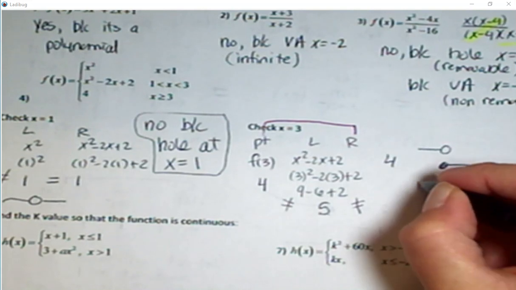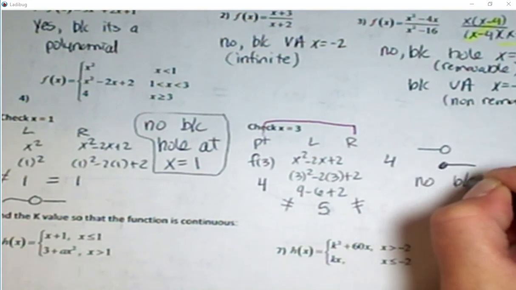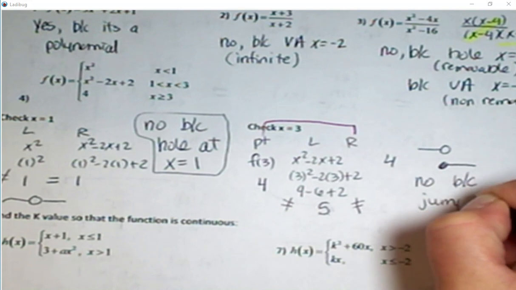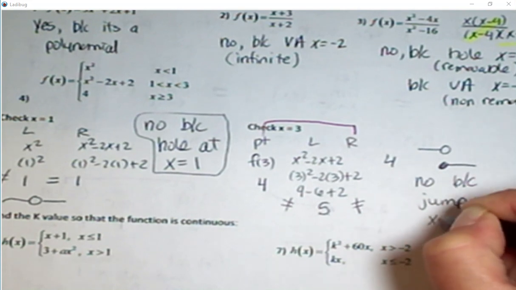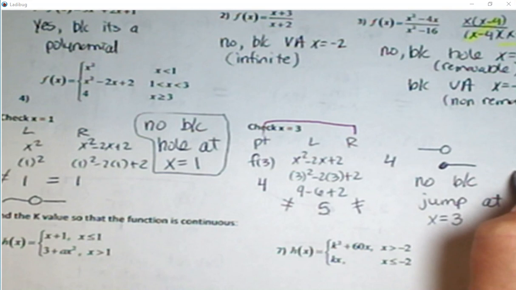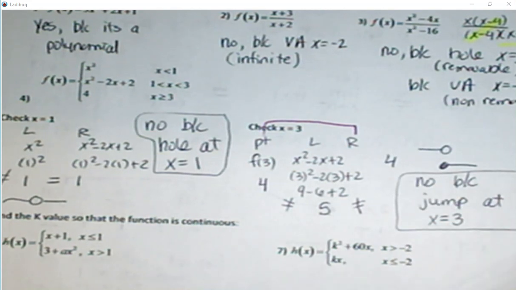So this answer is no, because there's a jump at x equals 3. So when we were drawing the pictures that went with the limit statements, when you're giving your answers, especially on piecewise, you're going to have to figure out whether it's a hole or a jump, because it could be either.